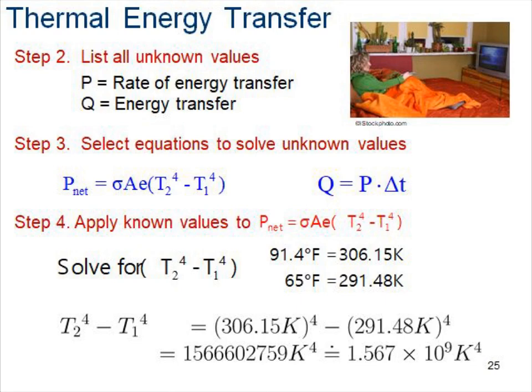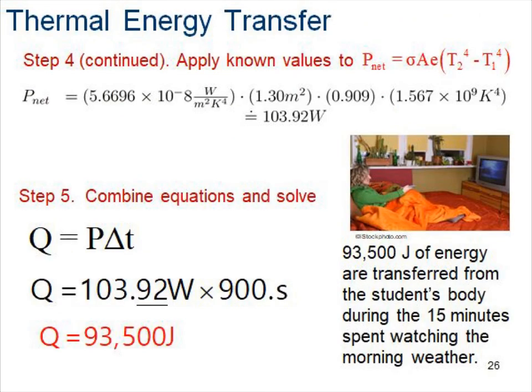So we can apply Stefan's law and plug in our values. If I convert that 91.4 degrees Fahrenheit to Kelvin, I get approximately 306.15 Kelvin, and 65 degrees Fahrenheit is approximately 291.48 Kelvin. So I can do 306.15 to the fourth minus 291.48 Kelvin to the fourth, and then apply the rest of Stefan's law.